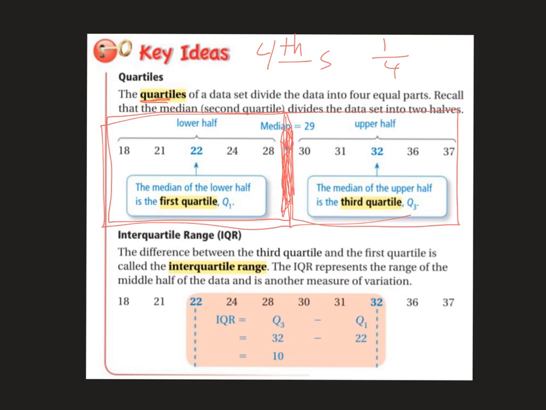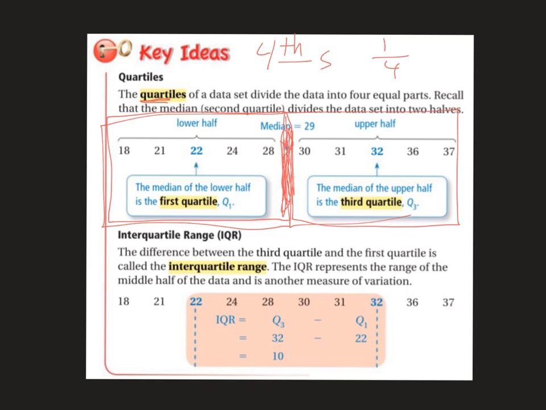What quartiles are going to do is take each one of these halves and split those in halves. So you can see here, our lower half has an odd number, 5 data points in it. So this is really easy. We're going to just find the median of this one, which is the middle value, and they're already arranged in numerical order, so 22 here.